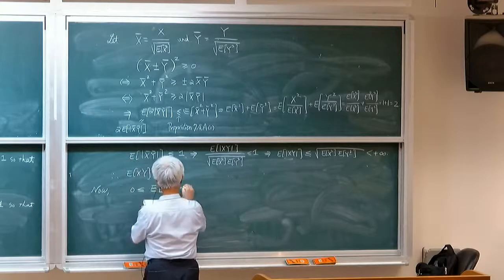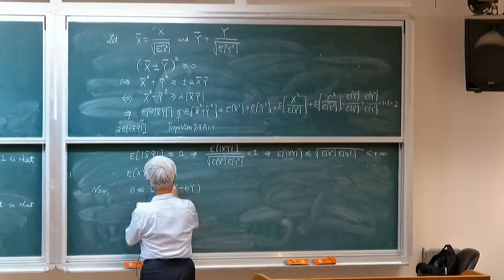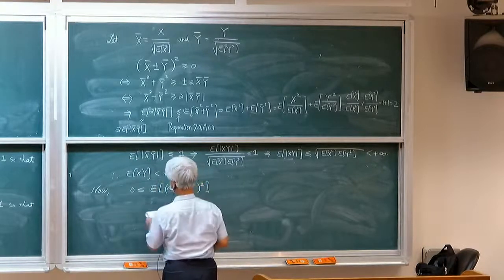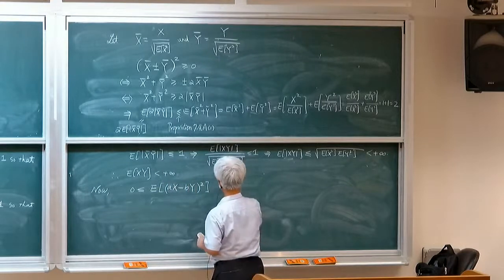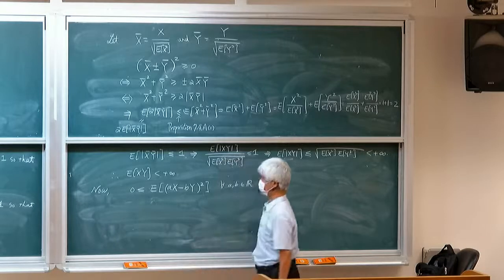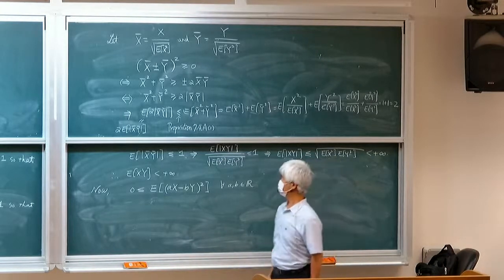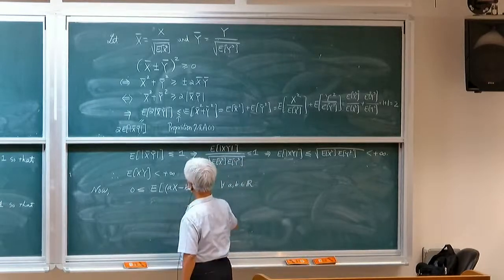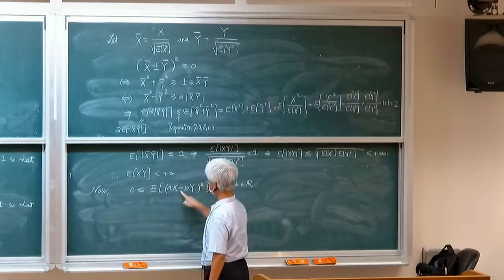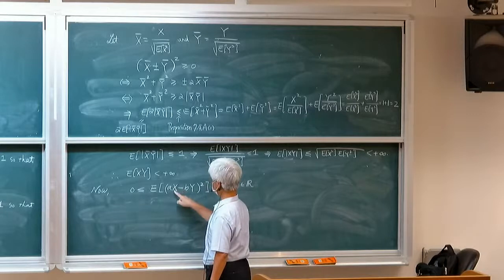ax minus by for all a, b in R. Okay, so now we look at an arbitrary linear combination of x and y.